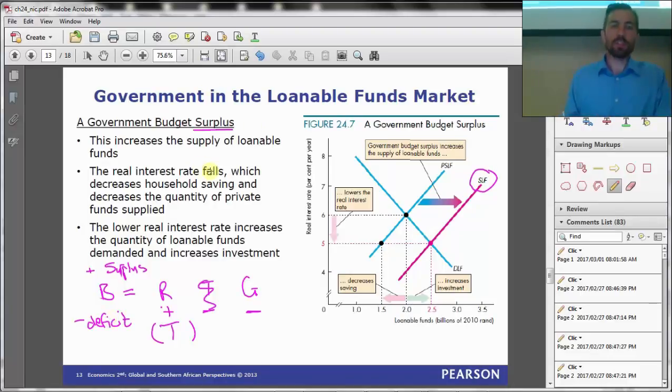So this chapter is basically taking the stance that if the budget is in surplus, in other words, taxes are greater than government spending, the government has extra money lying around, it can therefore lend that money in the loanable funds market, and the surplus constitutes part of the supply of loanable funds.